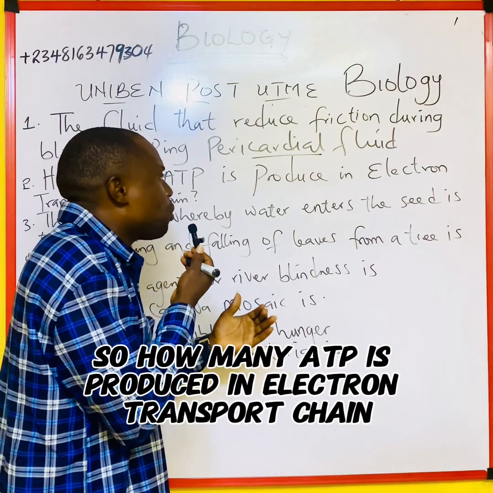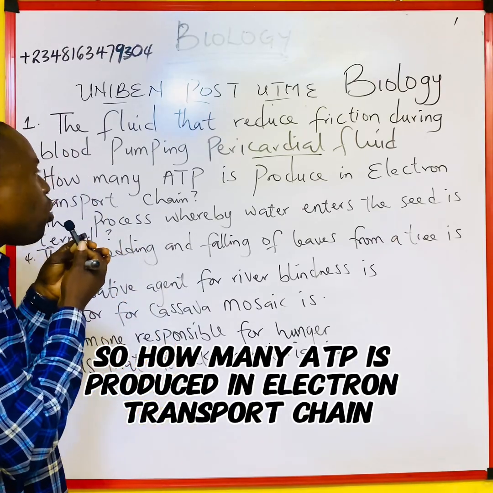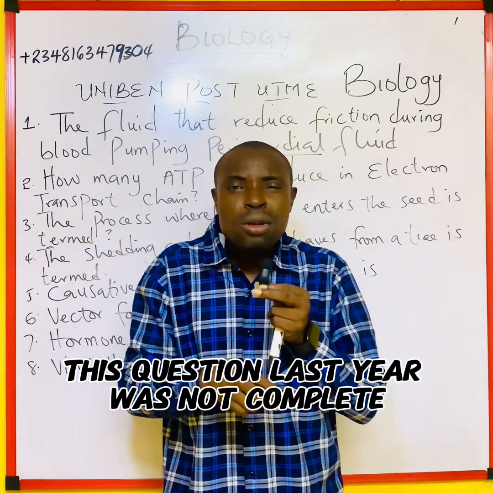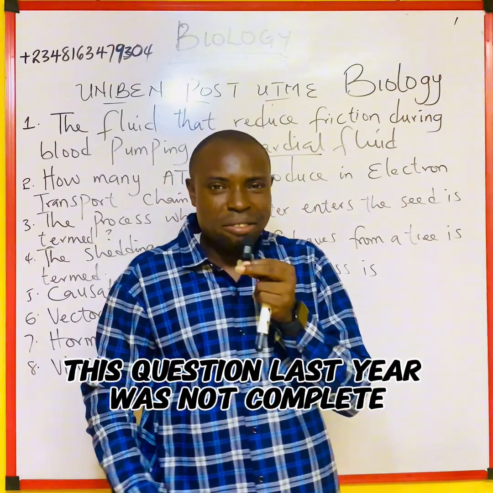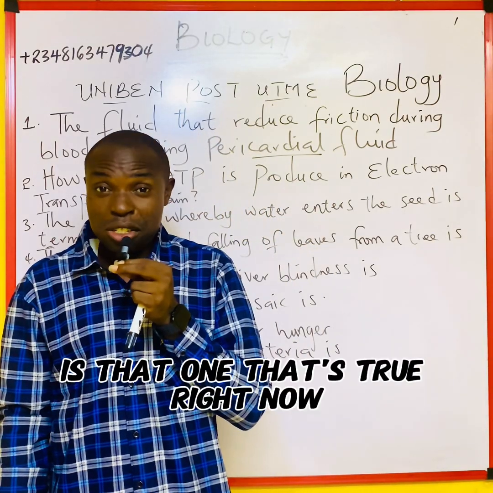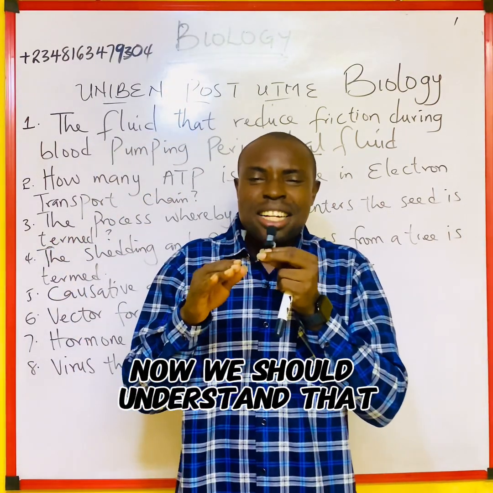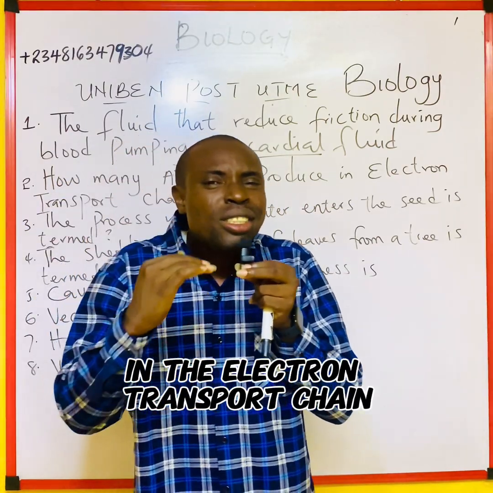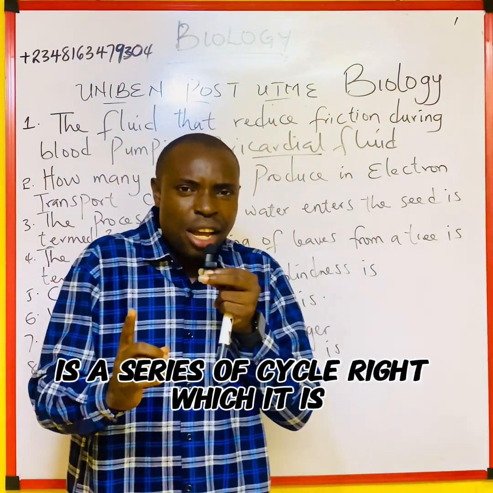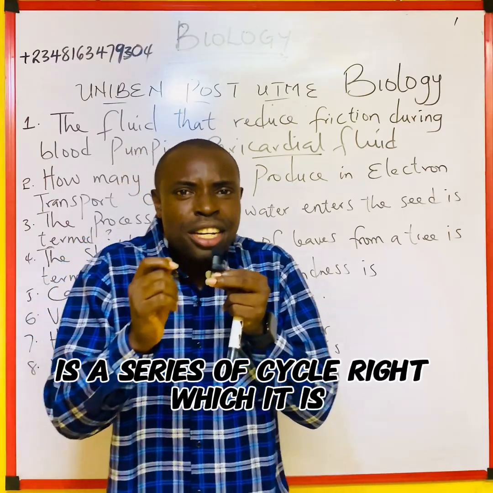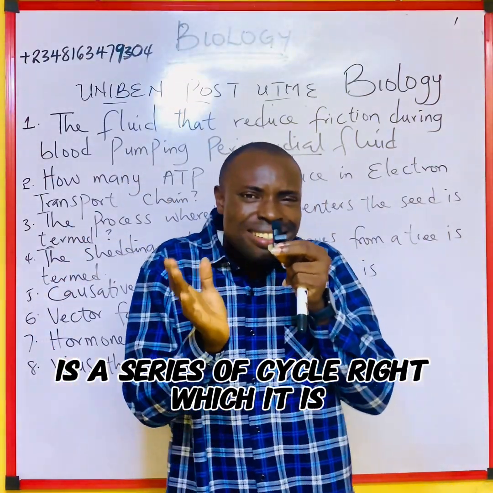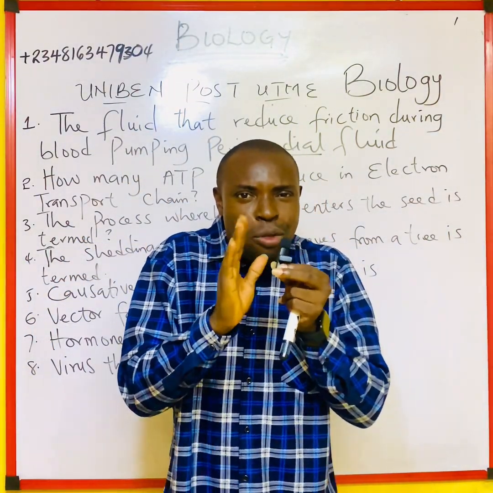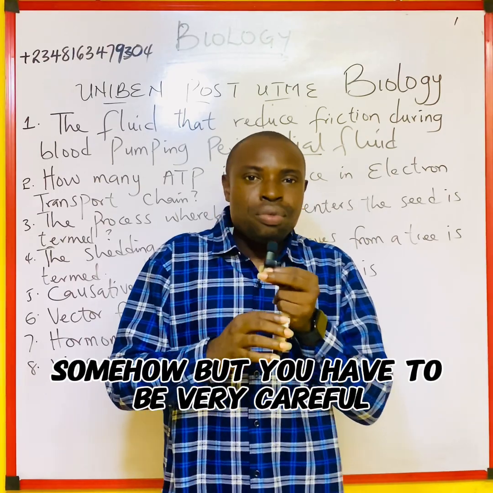So how many ATP is produced in the electron transport chain? This question last year was not complete. Now we should understand that the electron transport chain is a series of cycles, but you have to be very careful.